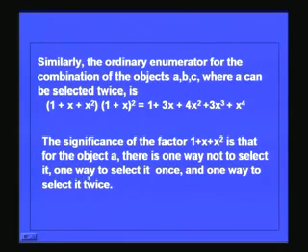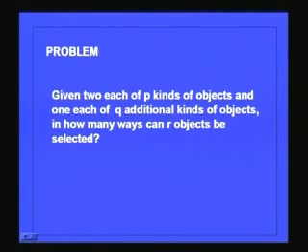Given 2 each of p kinds of objects and 1 each of q additional kinds of objects, in how many ways can R objects be selected? This is the problem. Let us see how we tackle that. So you have p objects, they can be selected twice, given 2 each of p kinds of objects.